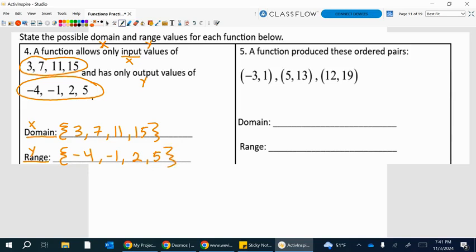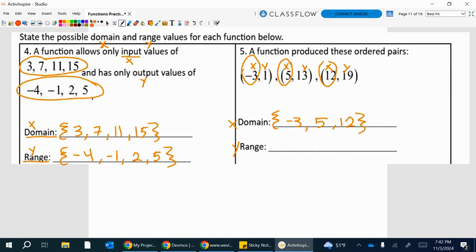And that's it. Okay, a function produced these ordered pairs. Now we need to again find the domain, which is x, and the range. I know when I have an ordered pair, the first number is x, the second number is y. So when I write the domain, I'm going to write all of the x values: -3, 5, 12.